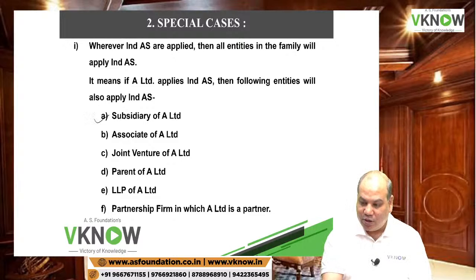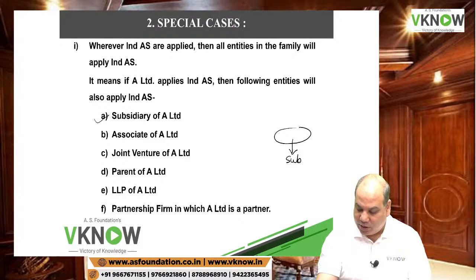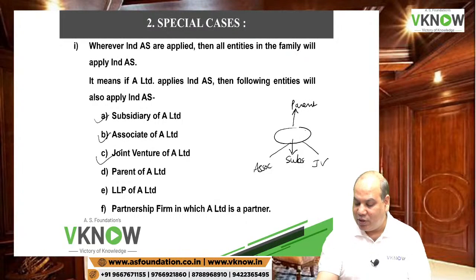The subsidiary will apply Ind AS. Associate will apply Ind AS. Joint venture will apply Ind AS. Parent company will also apply Ind AS. The parent will say, subsidiary, because of you, I also have to apply Ind AS.